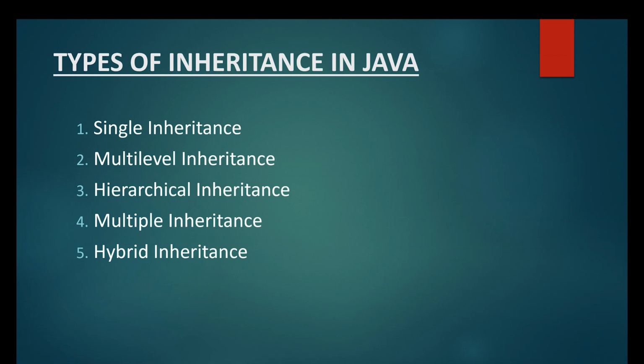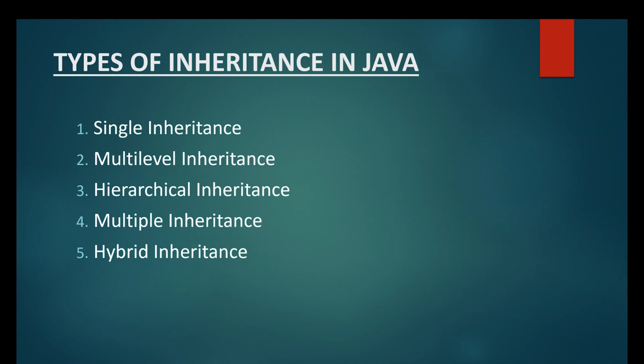It means hybrid inheritance is a type of inheritance in which two of the above are available. Since multiple inheritance is not supported in Java through classes, hybrid inheritance is also not supported in Java through classes. You can always achieve hybrid inheritance in Java using interfaces.